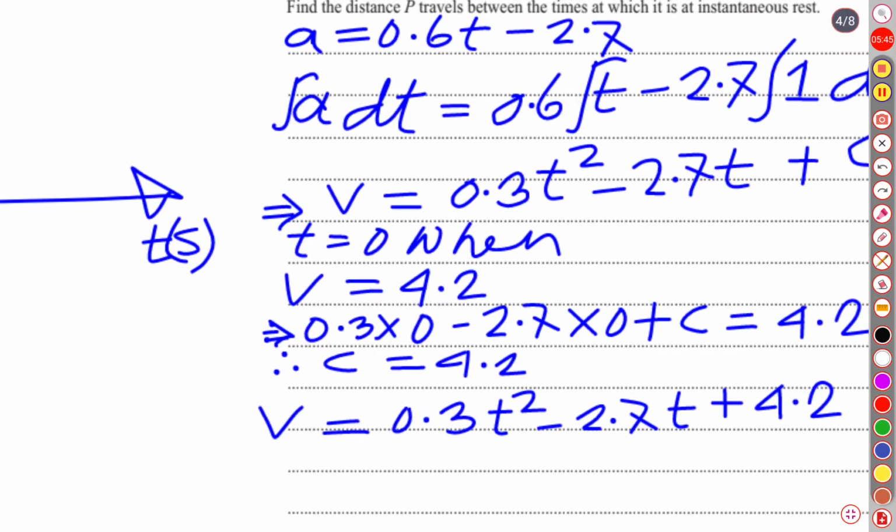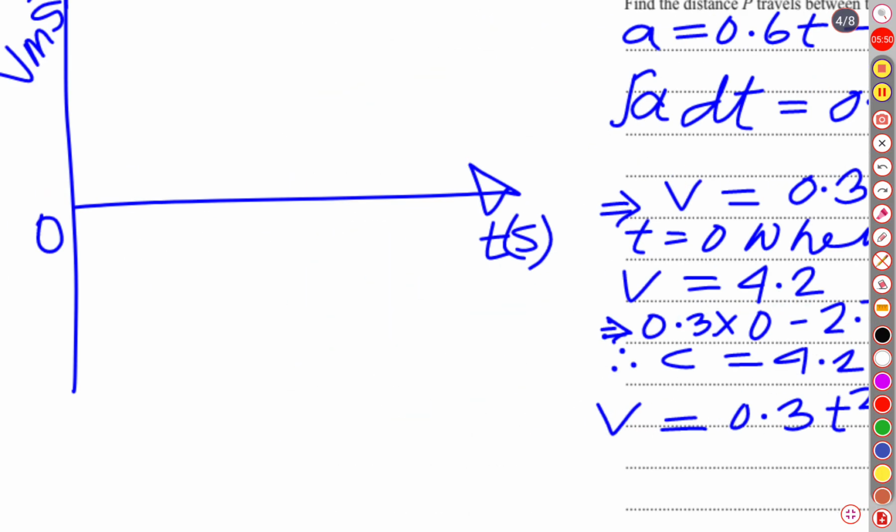So the constant number is 4.2. When t was 0, the velocity was 4.2.